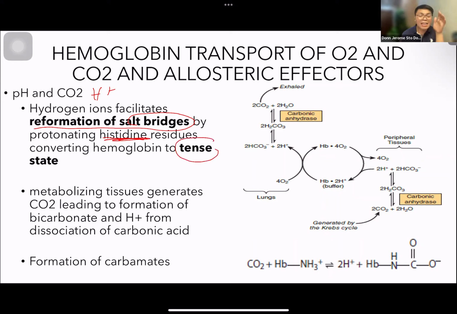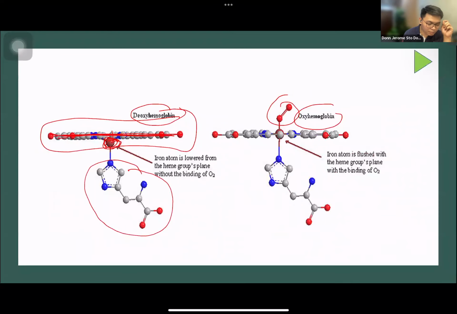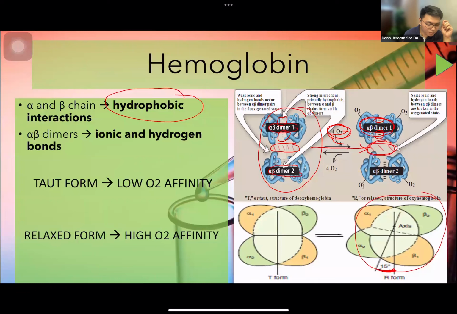its T state. Naalala nyo kanina dun sa alpha-beta dimers? What is the bond that held them together? Ionic bonds or hydrogen bonds, otherwise known as your salt bridges. So the more salt bridges you have, what is the state of hemoglobin?